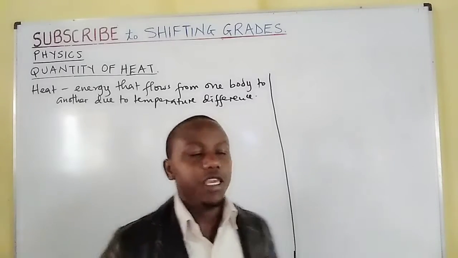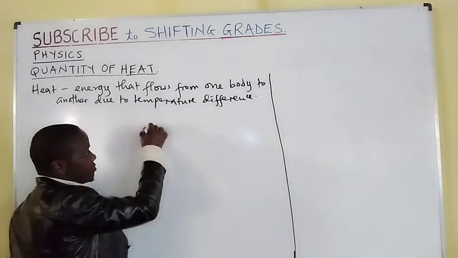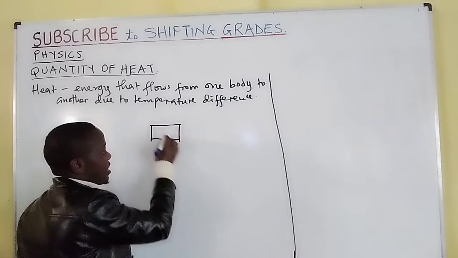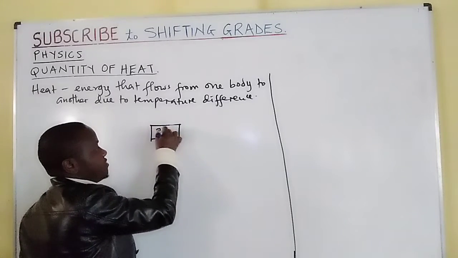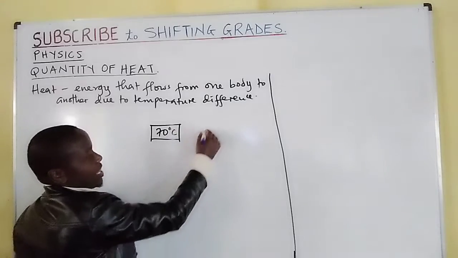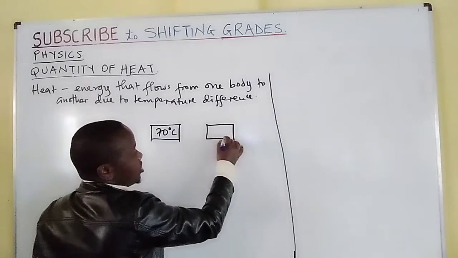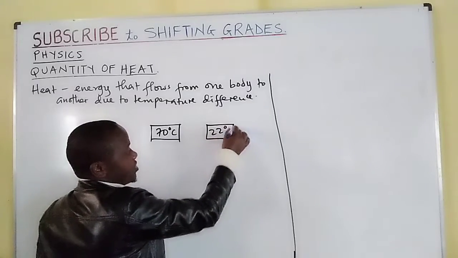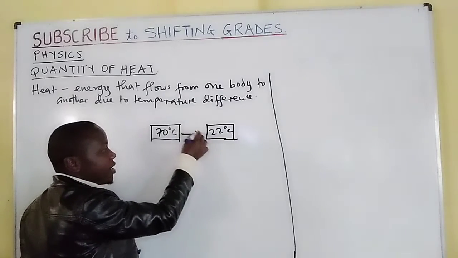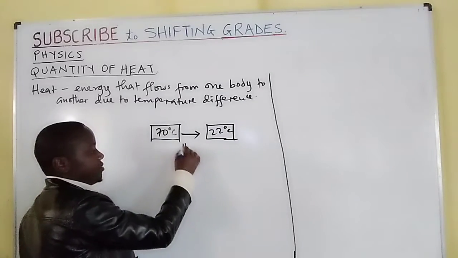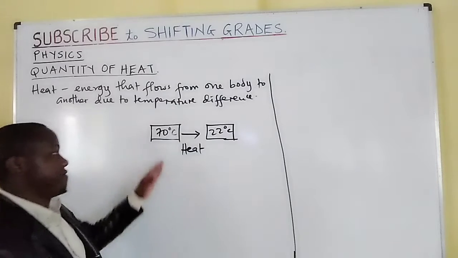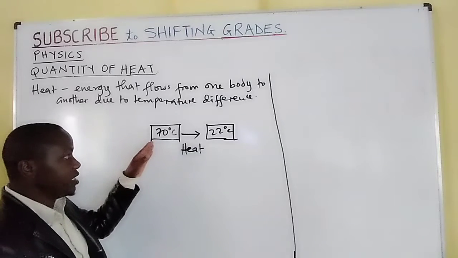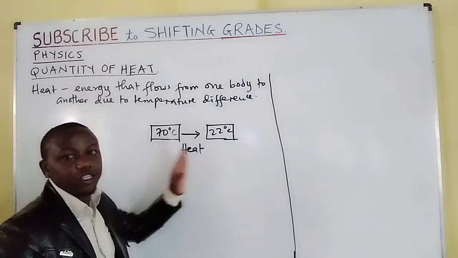Therefore, if a body is at 70 degrees Celsius and another one at 22 degrees Celsius, then heat will be flowing from the hotter one to the cooler one.